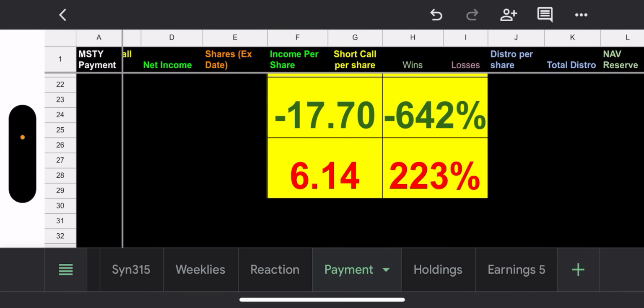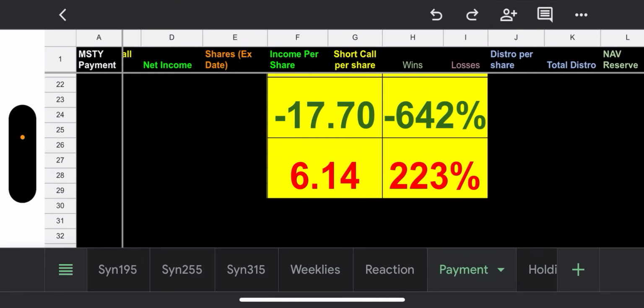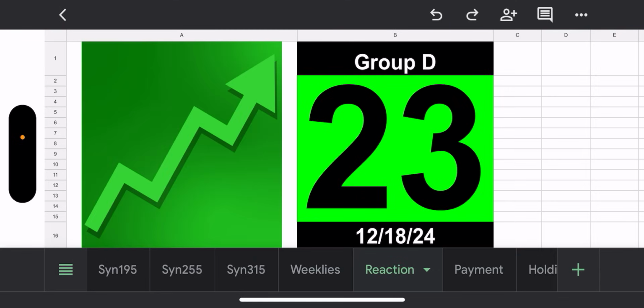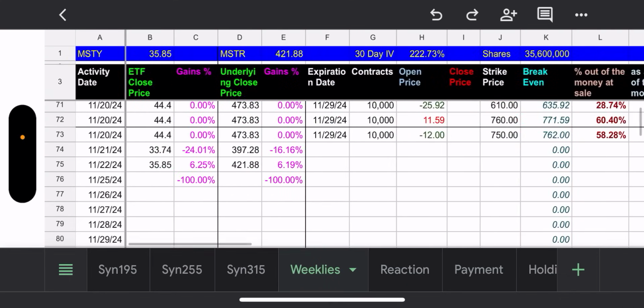So you can see if I go back, this is named Misty 2025 because this is for the fiscal year 2025, right? I'll have one for each fund for each year, assuming I continue to cover this. We don't know what's going to happen this year. There could be another competitor to YieldMax that's better, right? And maybe I'll cover them. But for right now, this is what I'm doing.